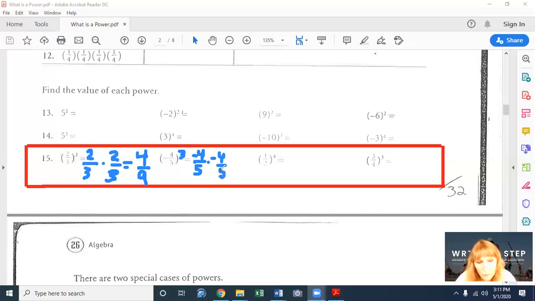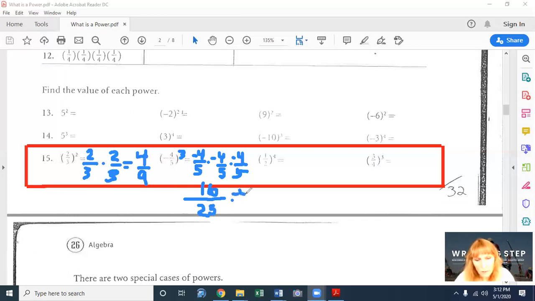First I do the first two. 4 times 4 is 16, and that's going to be positive because two negatives make a positive, same sign makes a positive value. On the bottom, 5 times 5 is 25. So now I have a positive 16/25, and I still have to multiply that by the remaining negative 4/5.